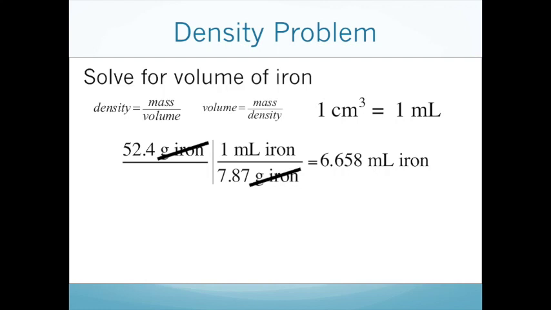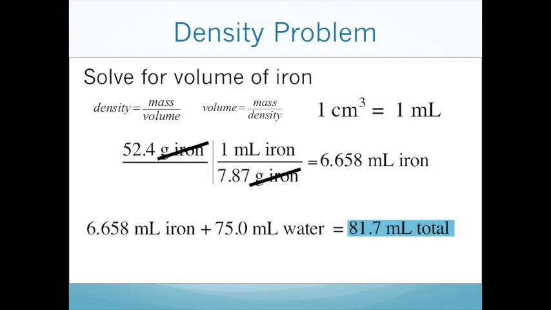And therefore, we have 6.658 milliliters of iron. Since we started with 75 milliliters of water, then adding 6.658 milliliters to that will result in 81.7 milliliters total, using the appropriate number of significant figures.